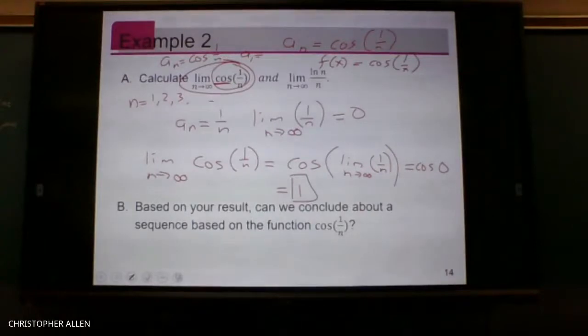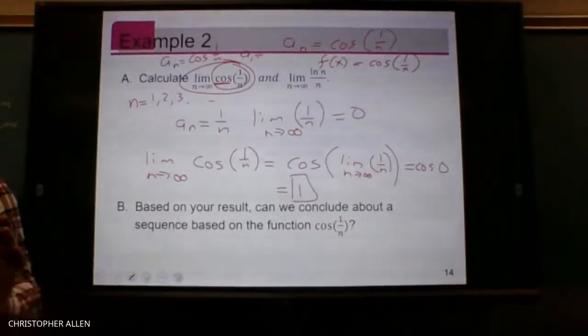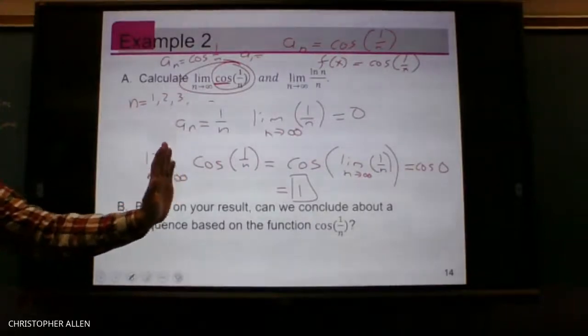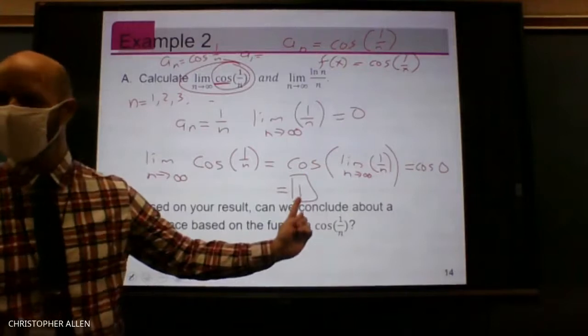What's a sub 2? Cosine of 1/2. What's a sub 3? Cosine of 1/3. And by the way, of those values, how many do you actually know if we keep going out? Very few of them, but I'm telling you that that limit is 1. Does that make sense? Okay.